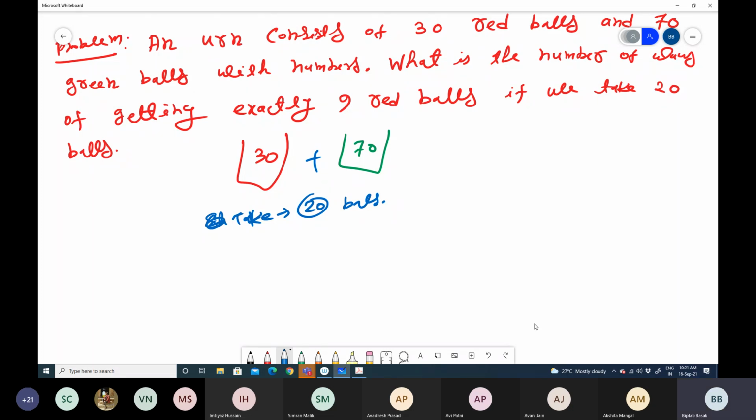Yeah, I expect one quick answer because you have seen this kind of problem. No? So 30C9 into 70C11 divided by 100C20. No, you don't have to divide, because we are not asking for the probability.